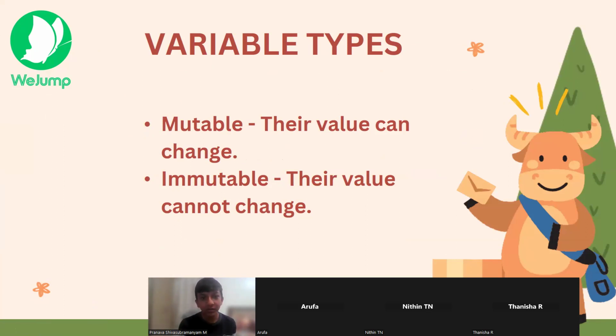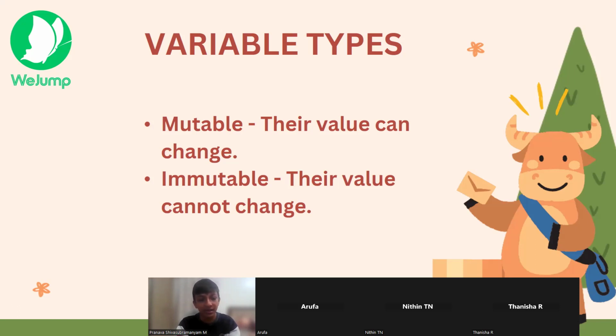Now you learned about variables, and now we have two types of variables that are mutable and immutable. Mutable means you can keep changing the value of a variable. Immutable means their values cannot be changed.